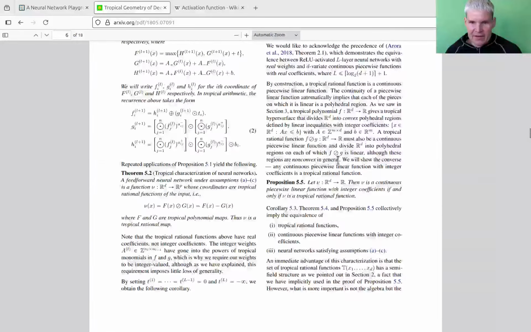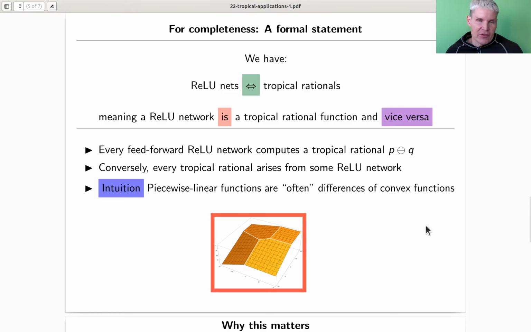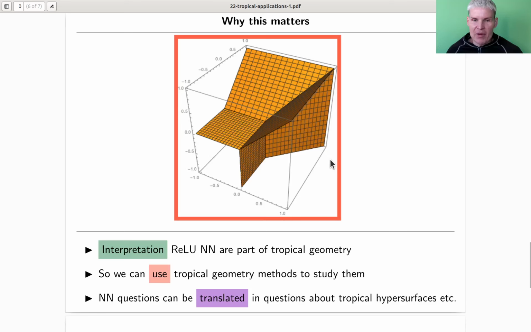It's the main theorem of this paper here. Where is it? Proposition, theorem: equivalence of neural networks and tropical rational functions. They explain that very carefully. It's really straightforward, actually not very difficult. It's a cute and nice observation. So neural networks, essentially all of artificial intelligence, is some version of tropical geometry, which you might think should give you some type of applications, right?